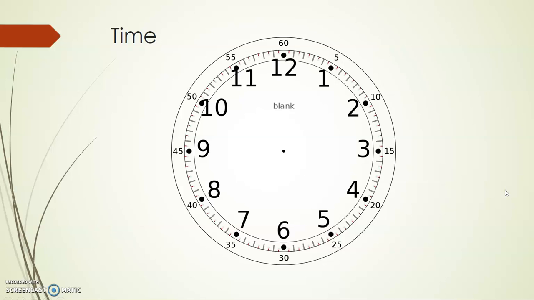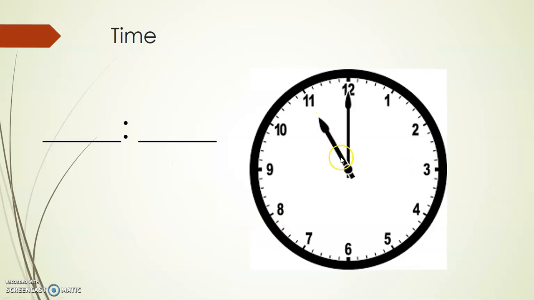Let's practice a few of those. We have a clock right here. We see the short hand points up at the 11. So we know that the first number is going to be 11 because the short hand tells us the hour. So it's in the 11 o'clock hour. Now the long hand is pointing up. When the long hand points up, it's o'clock.